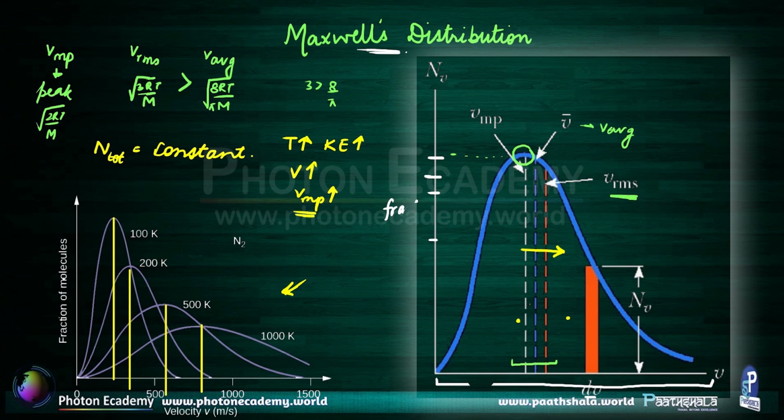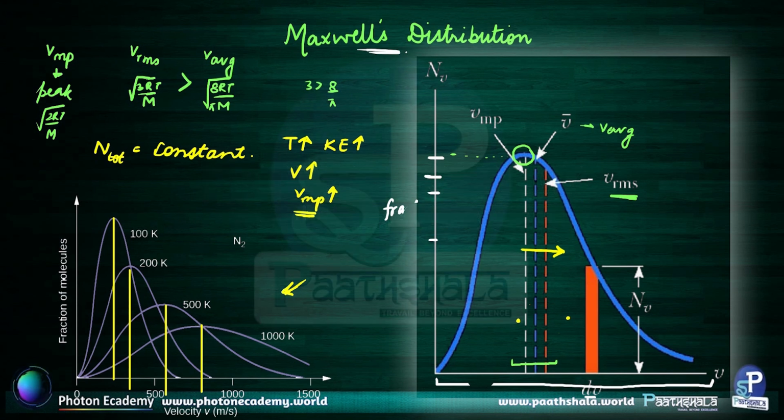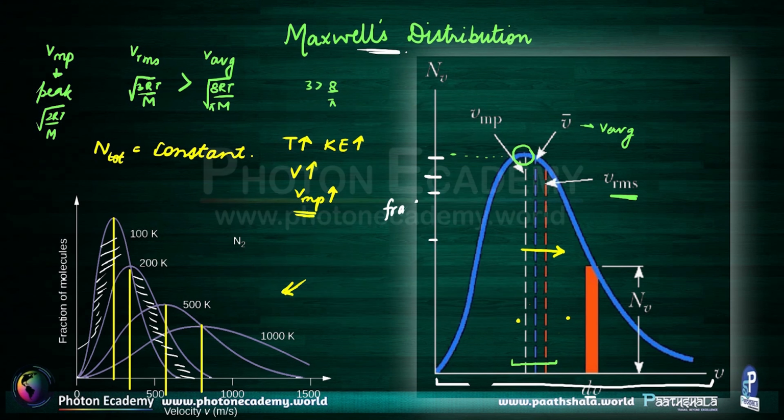To understand that, say in the 100 Kelvin and the 200 Kelvin curve, this region is what we can see as something extra in the 200 Kelvin curve. However, this is the region which has been deleted because of the shifting. So both of these regions balance each other and keep the number of particles the same. That is why there is a drop in the curve.